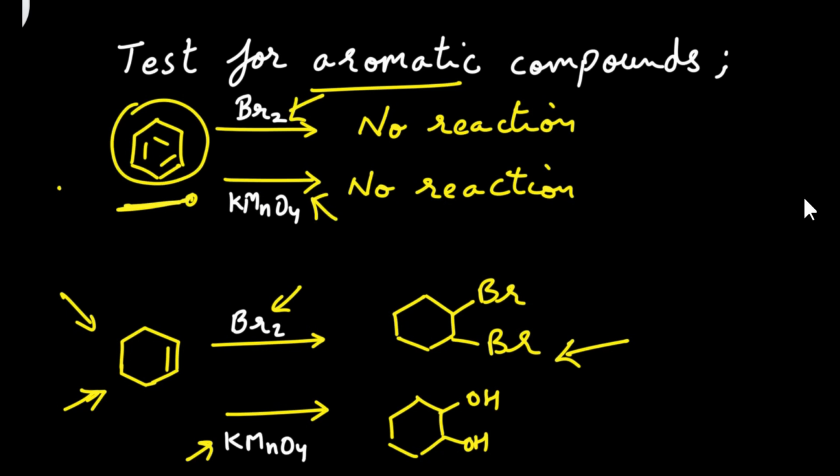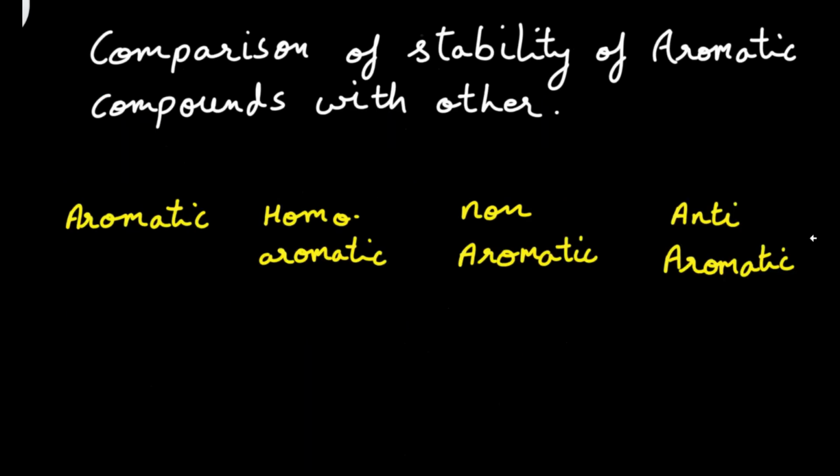Remember this. Now let's move to the next comparison, the stability of aromatic compounds. Since we are talking about aromatic compounds only, we will focus on aromaticity. But just for learning, try to remember this series or sequence of stability.